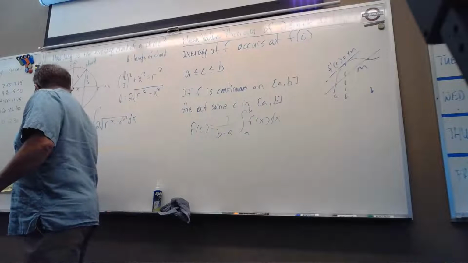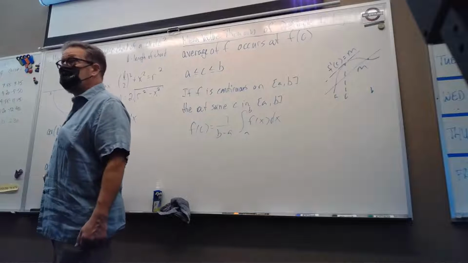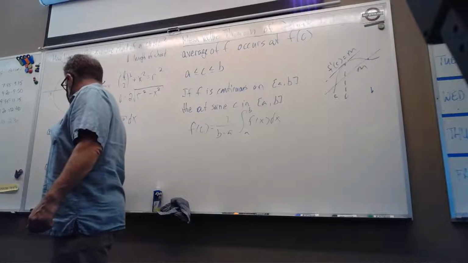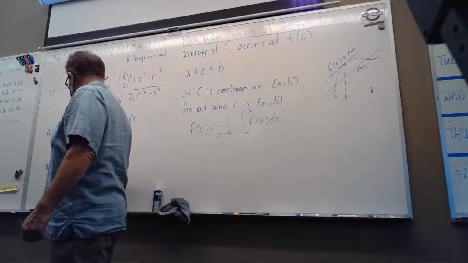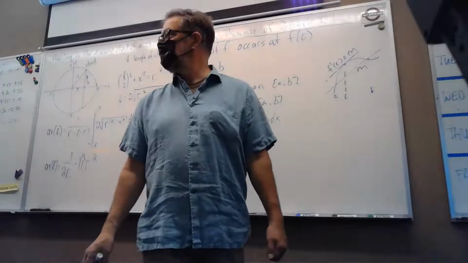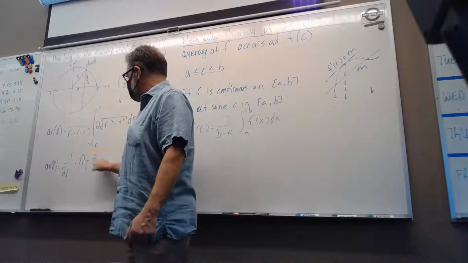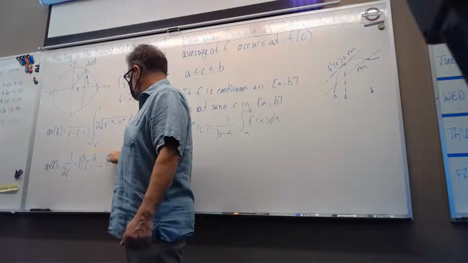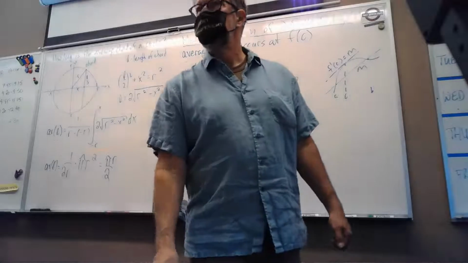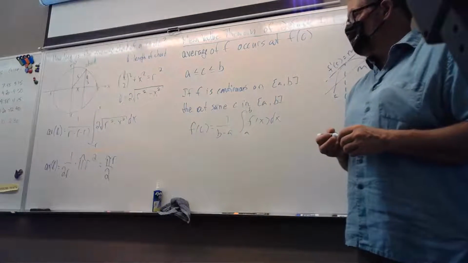So the average length of the chord is 1 over twice the radius times the area of the circle. And a little simplification says that that's pi r over 2.